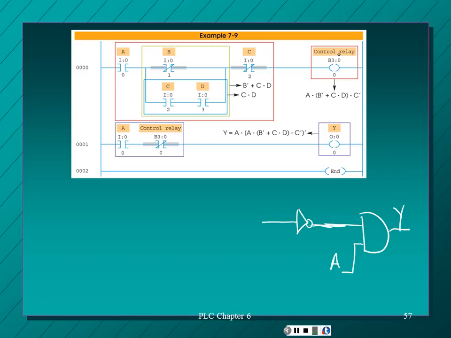With me? So now let's start here. How are these three things connected? Series. How many series do I have? 3. So I have an AND gate, right? 3 legs. 1, 2, 3.